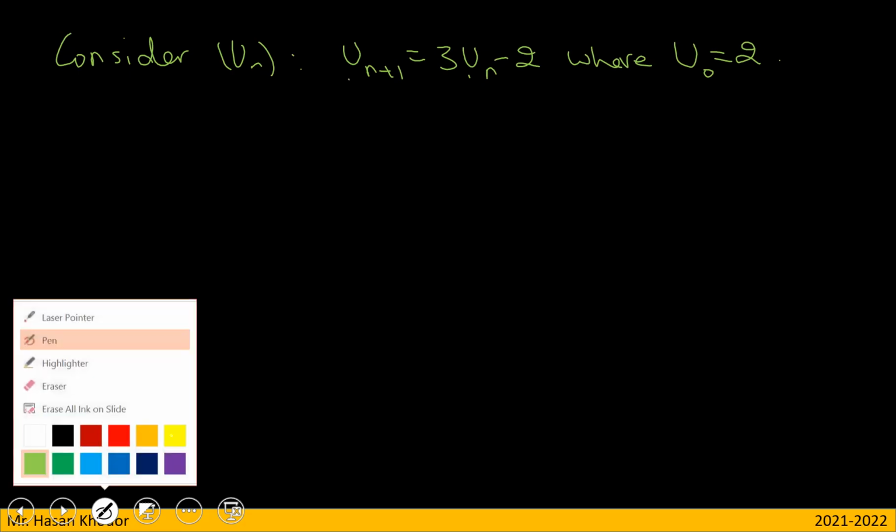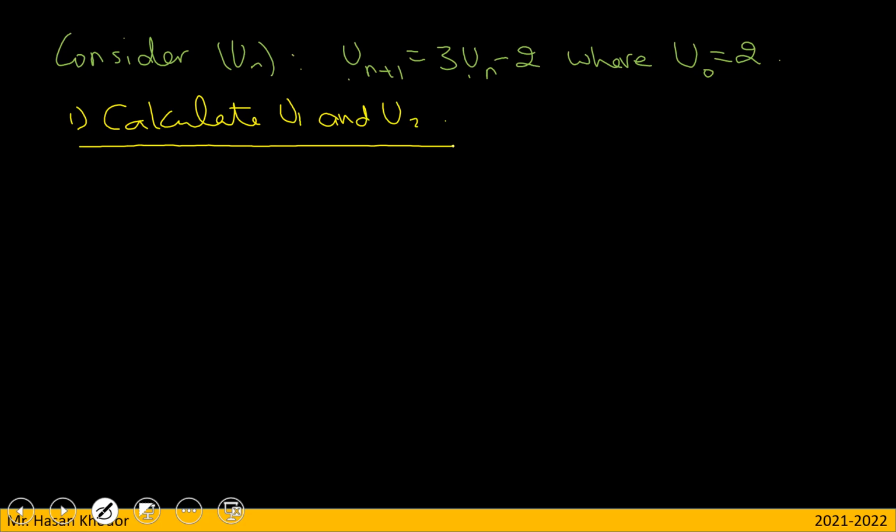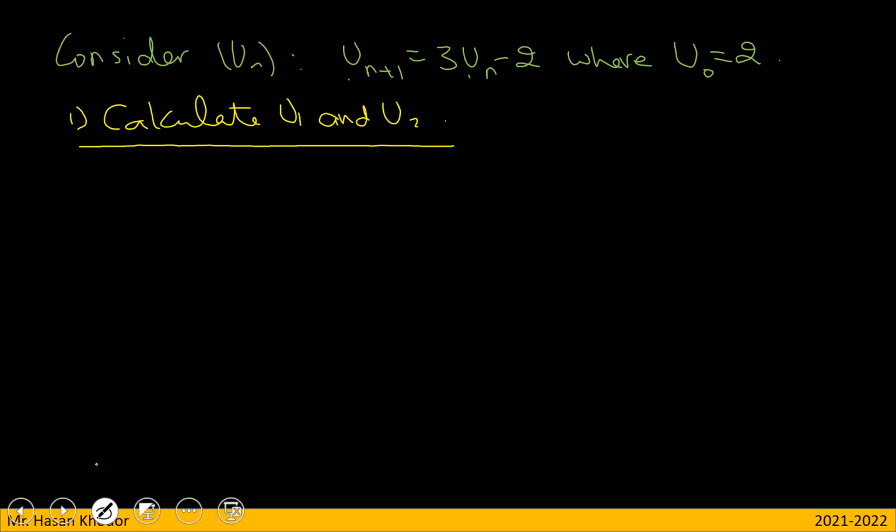Now, let's take a first question. Part 1, calculate u1 and u2. Well, answering this question, u1 is one of the terms of the sequence, and here is the general rule of the sequence: un plus 1 is equal to 3un minus 2. u1 depends on the term preceding it, which is u0.